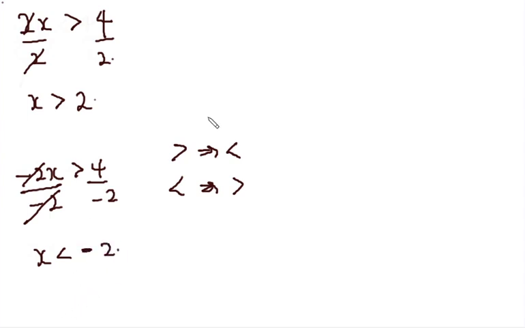Okay, so let's take more advanced examples. Say we have 6x plus 4 is greater than 5. You can pause the video and try to solve this one yourself. We are simply going to be applying the normal arithmetic processes we know for equations to inequalities.